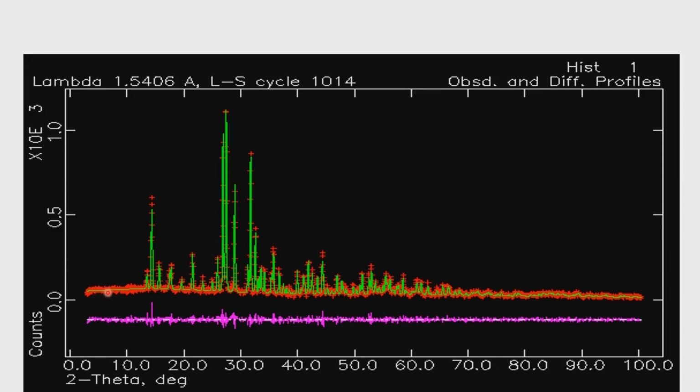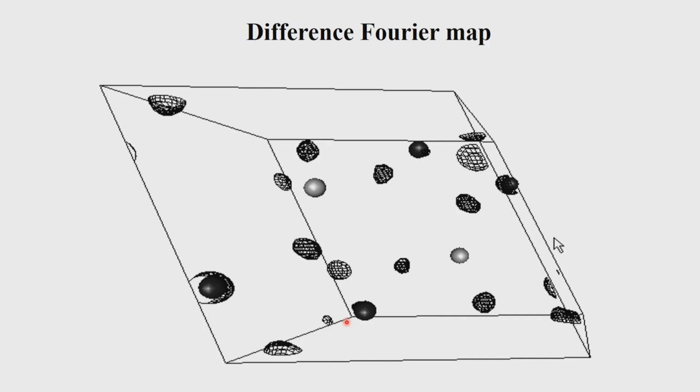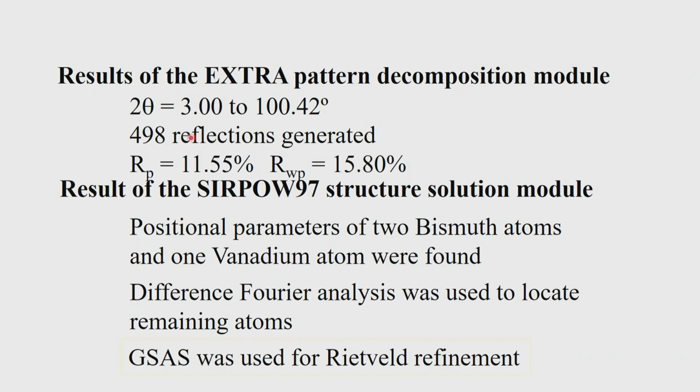So, whether it is a peak or otherwise, each measurement is now considered an observation. So, we have so many measurements available with respect to 2 theta, which appear here on the green line, the powder diffraction pattern of that particular compound.